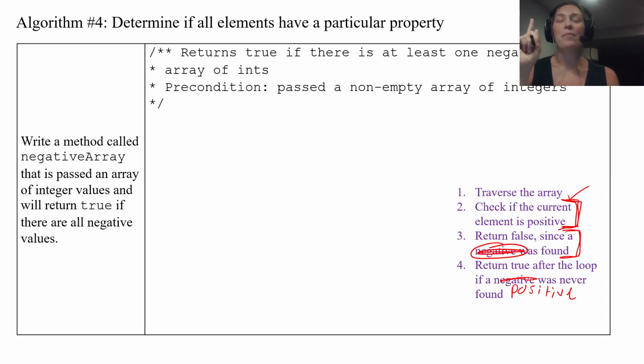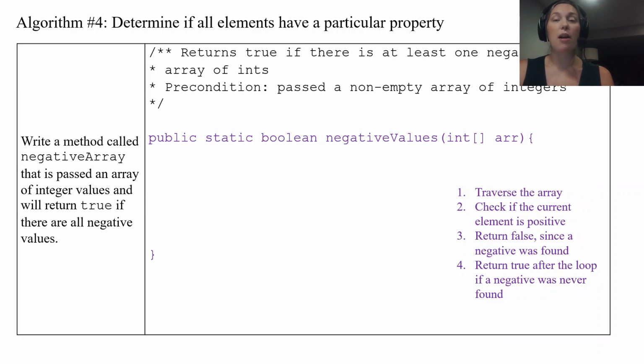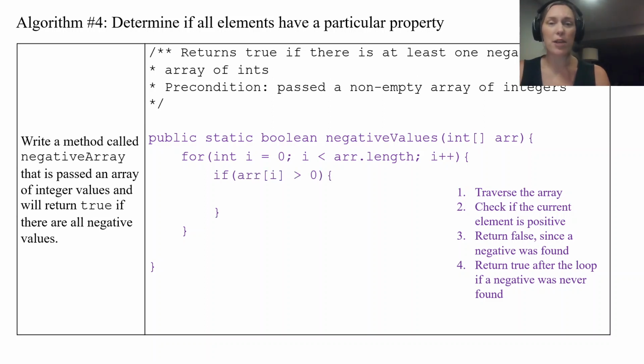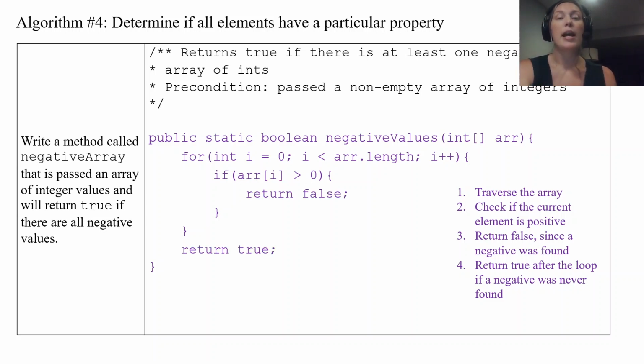Okay. Very similar. So I think it is the exact same method header except for the name of the method. Traverse the array. This time we're checking to see if it's positive instead of negative. So small change from the last one. And if it is positive, we return false. Okay, because if one element is positive, we return false because not all of them are negative.